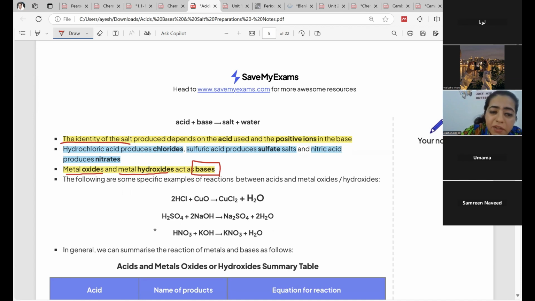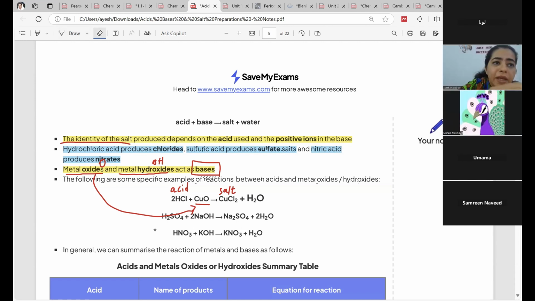Here HCl is behaving like an acid. Copper oxide, CuO, is a metal oxide. Oxide means having O. Hydroxide means having OH. So acid and metal oxide react, producing copper chloride salt with water. In the same way, in the second equation, H2SO4 is the acid.